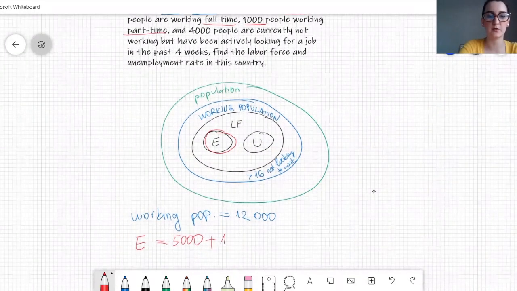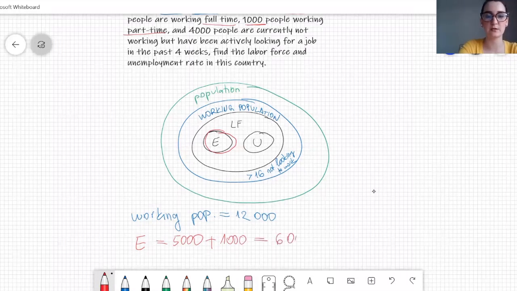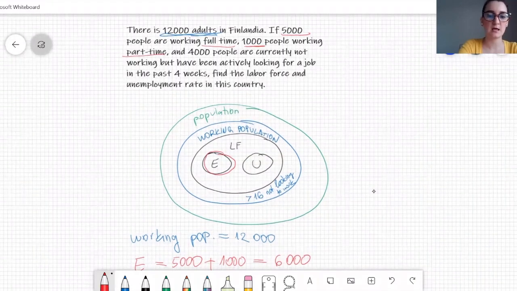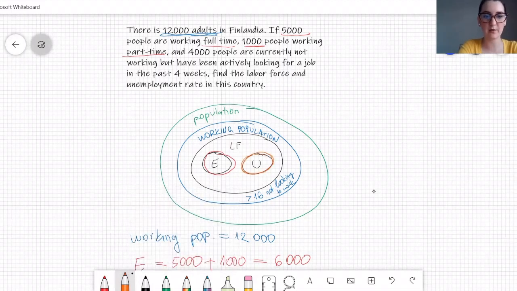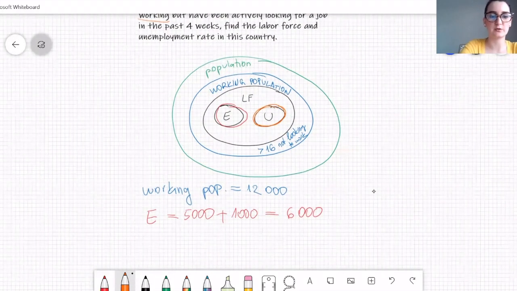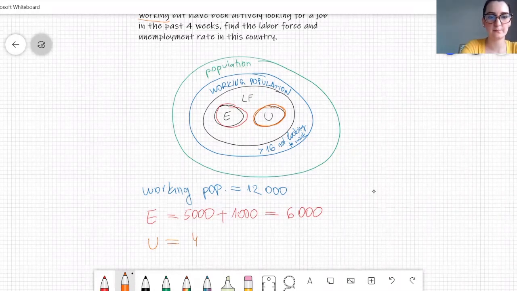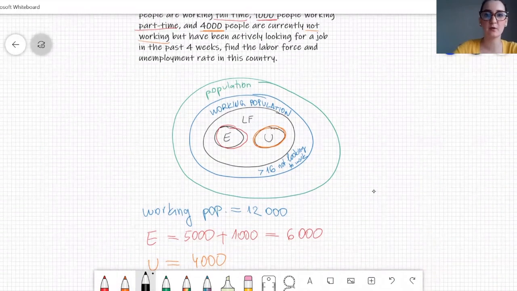They're both part of the employed population, and that equals 6,000. And then we have, let me use orange, the unemployed population, for people not working but who have been looking for a job. That's important because that's how we know that they're in the unemployed group of people. 4,000 unemployed. Okay, and we need to find the labor force and unemployment rate in this country.